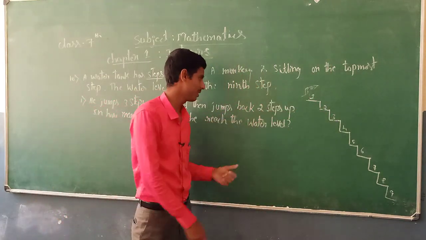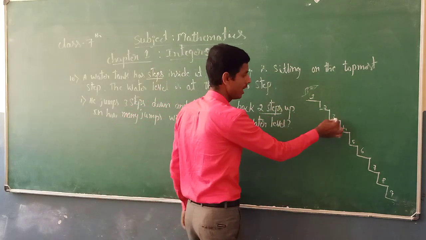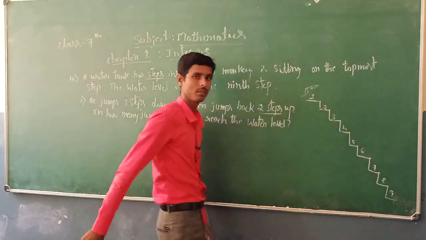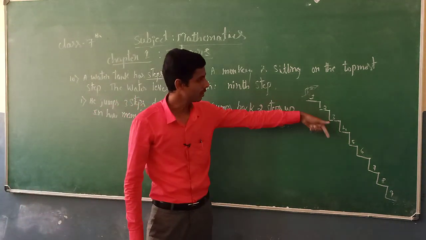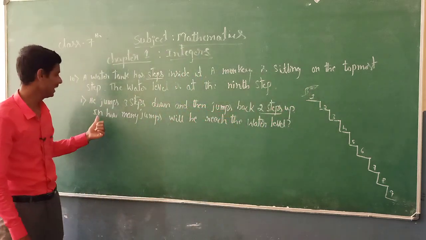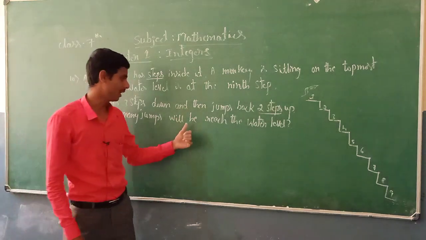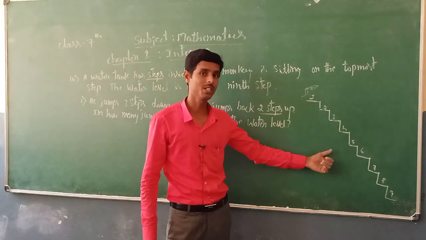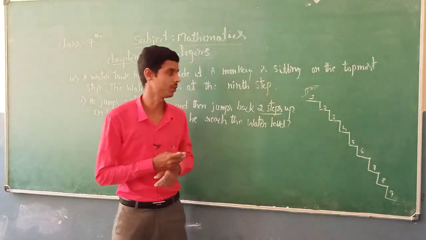How many steps? 2 steps up. Again it will come to the second. In the second jump, he will return to the second step. Okay? That is also considered as jump, right? So in downward also it has jump. In upward also it has jump. In how many jumps will he reach the water level?